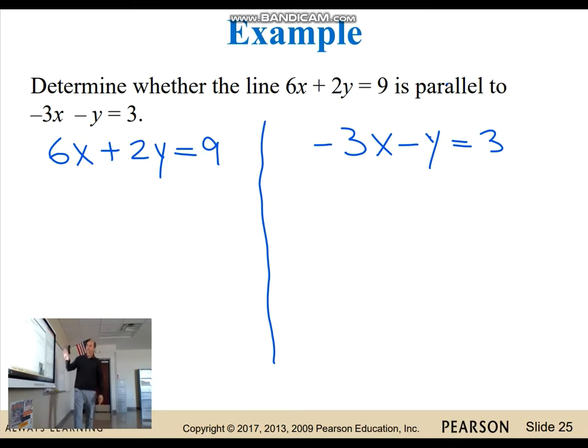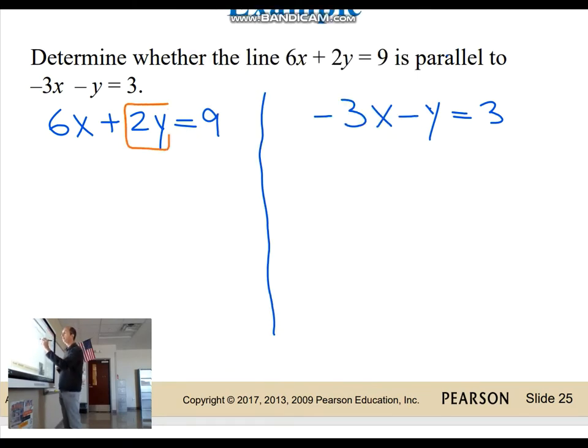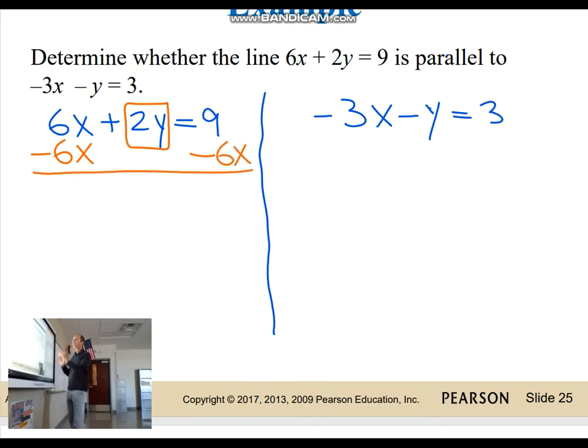Change each equation of the line into slope-intercept form. So move everything to the right hand side and keep only y on the left hand side. To move the 6x, we apply the addition property and add -6x to each side of the equation, right?